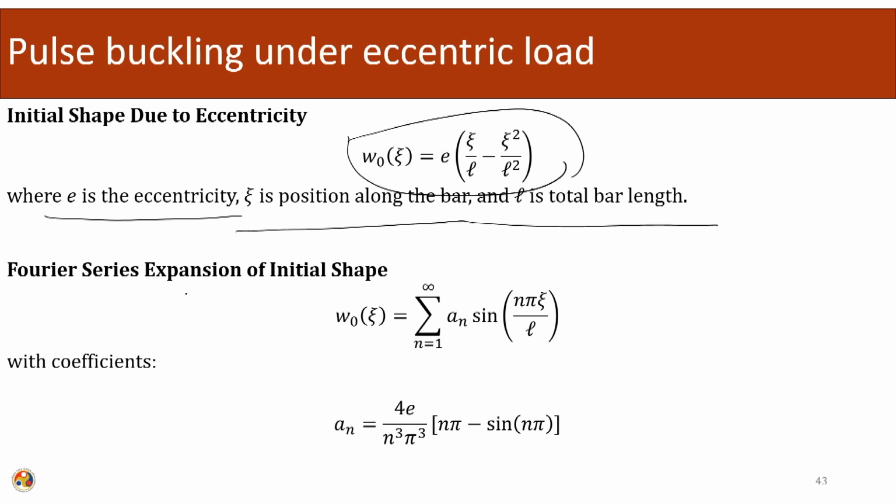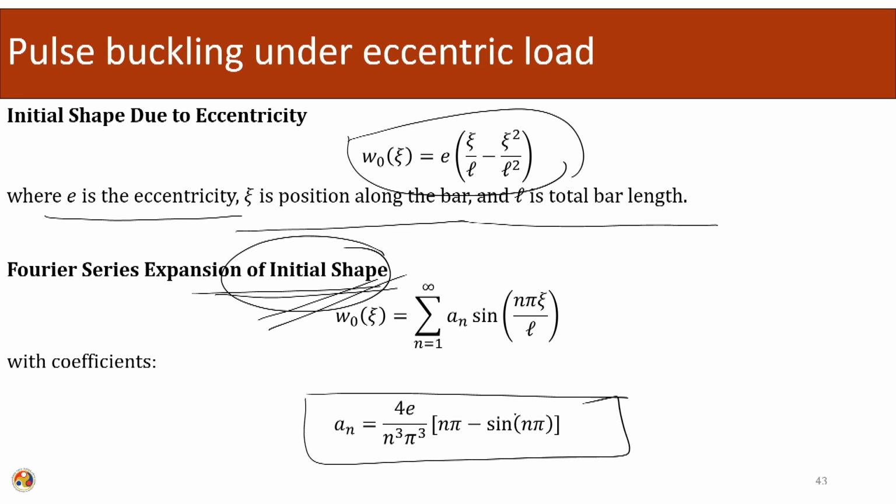So, again we are using a Fourier series expansion to estimate the initial shape of the system. Earlier also we have used a Fourier series expansion to estimate the initial shape of the system. And the coefficients a n are given by this particular term.